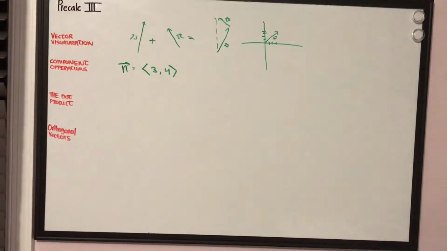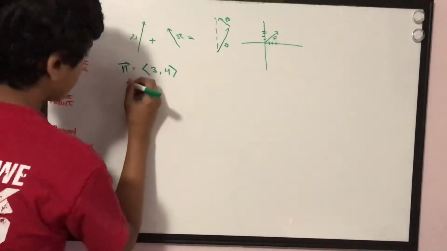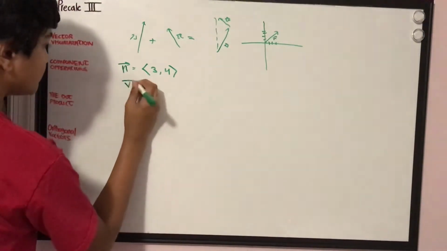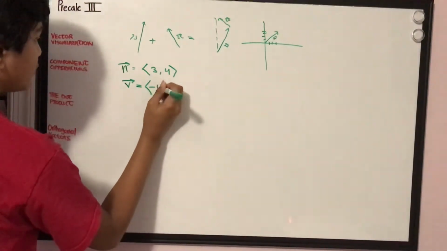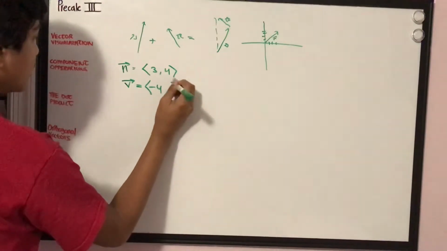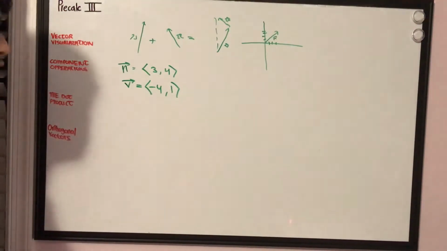So we can also add vectors this way. Let's say vector v is equivalent to -4, 1. Let's go through a whole bunch of operations with these two vectors.